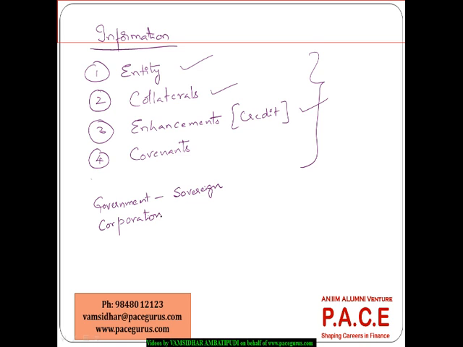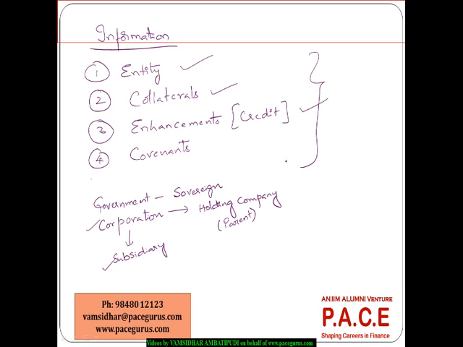And especially when I am talking about a corporation, I need to be even more clear: is it issued by a subsidiary of the corporation, or the corporation itself, or even the holding company of that particular firm can issue. So who is the actual legal entity issuing? Is it the subsidiary? Is it the corporation? Or is it the parent of this corporation which is holding a few other firms as well?